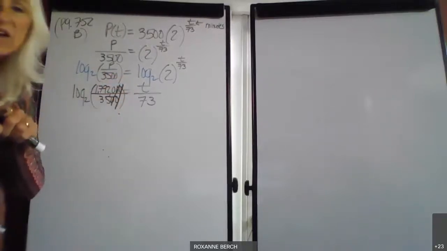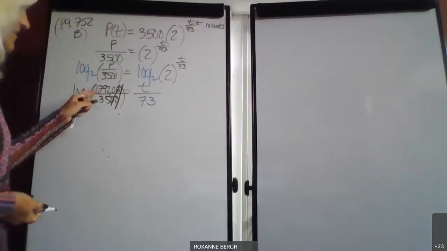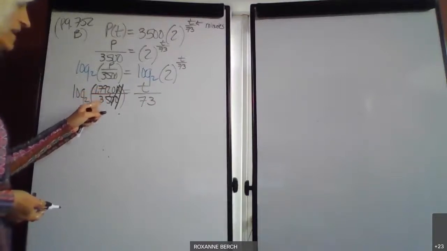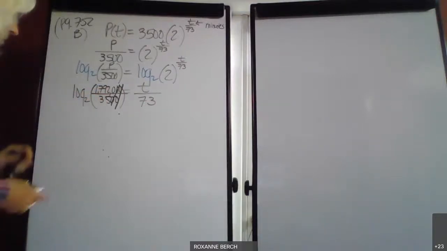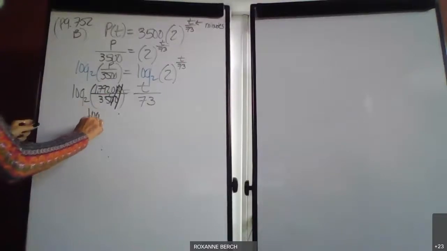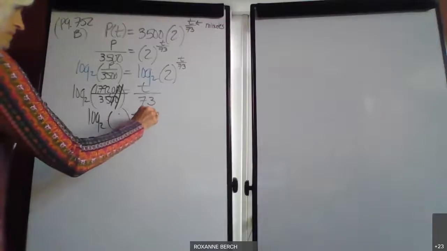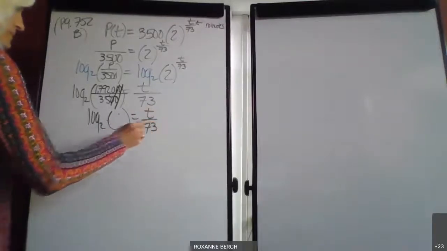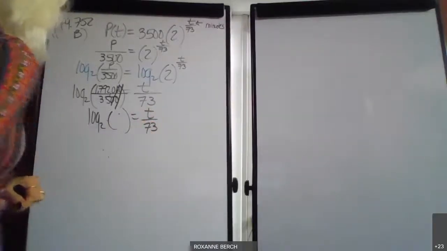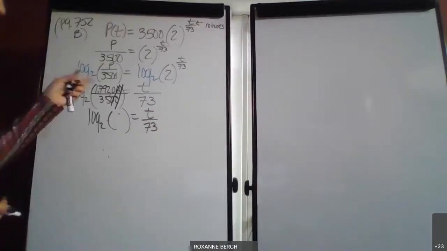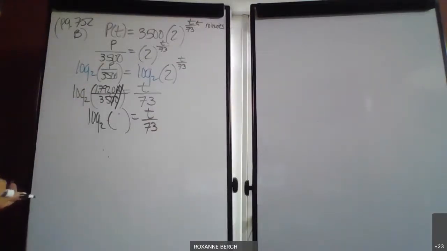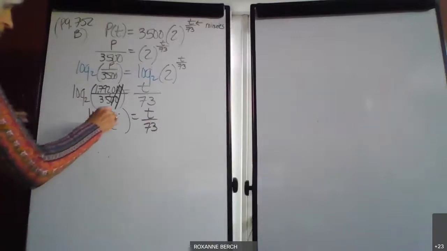Then on your calculator, does 17,920 divide by 35? Yes, and it equals 512. Okay.